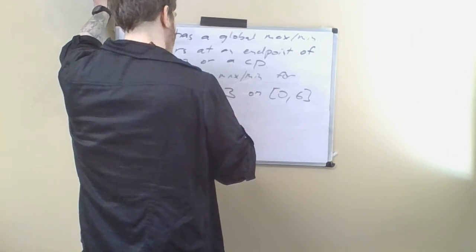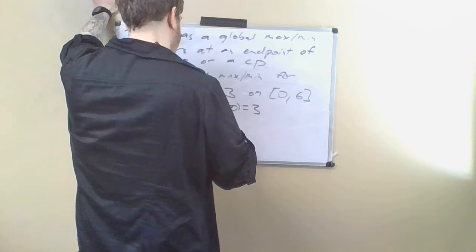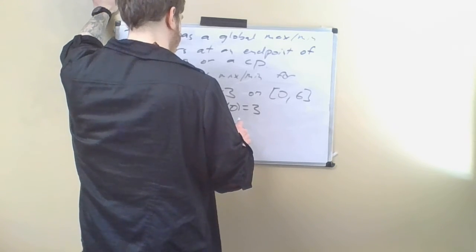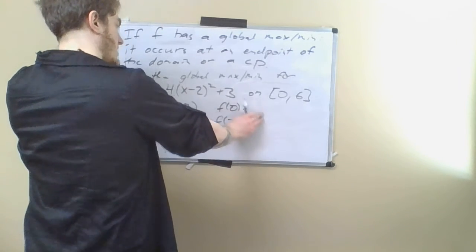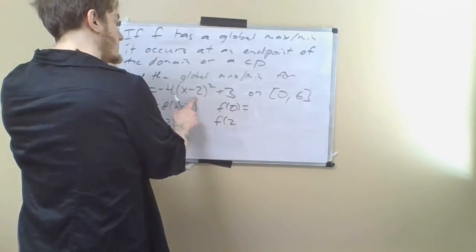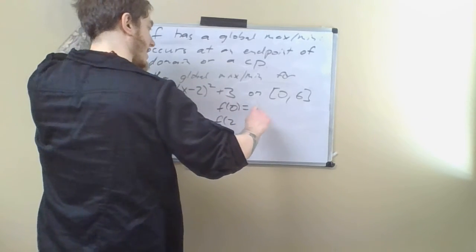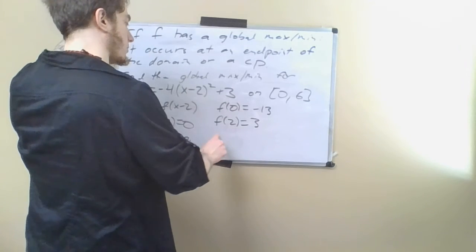So then we just do f of 0, well, that's equal to 3. F evaluated at, or I'm sorry, it's not equal to 3. I am being silly here. It's going to be negative 4 times 4, so negative 16 plus 3, it's negative 13. F of 2, this is what's going to be equal to 3.